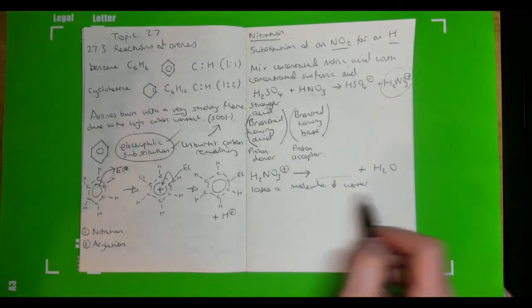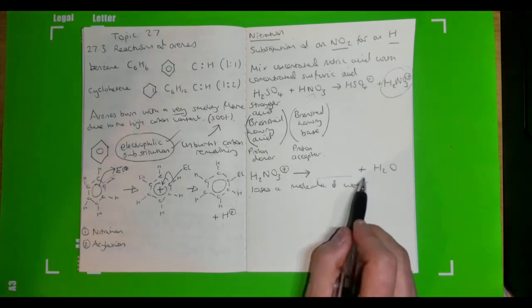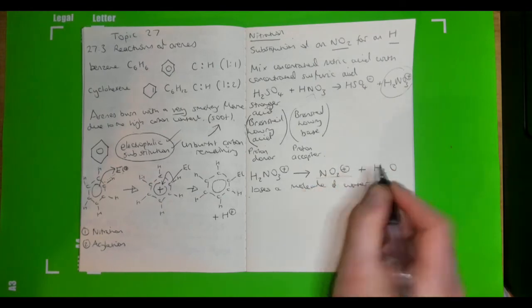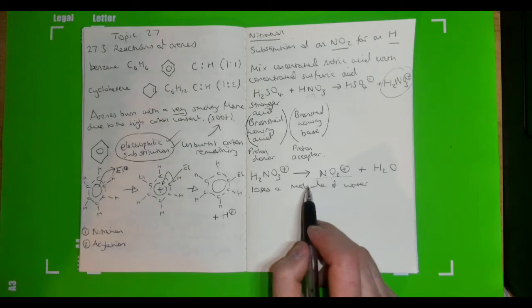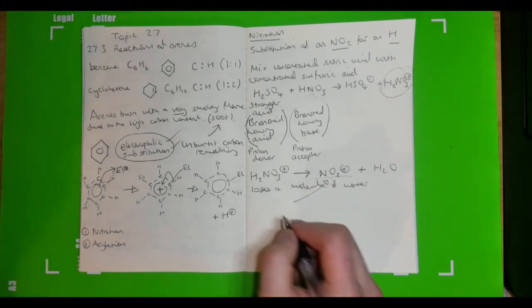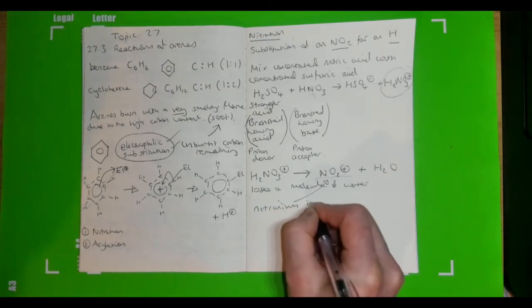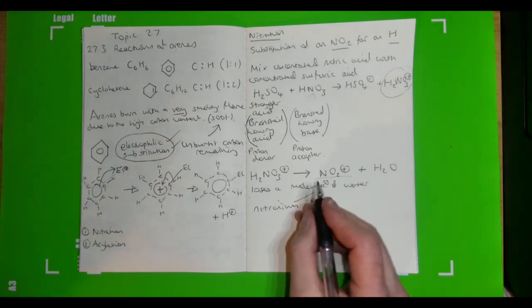Now if it loses a molecule of water, we can work out the chemical formula of this to balance the equation. And we get this formula here. That's NO2+. Now NO2+ is called the nitronium ion. And it's got another name as well. The other name is the nitryl cation.